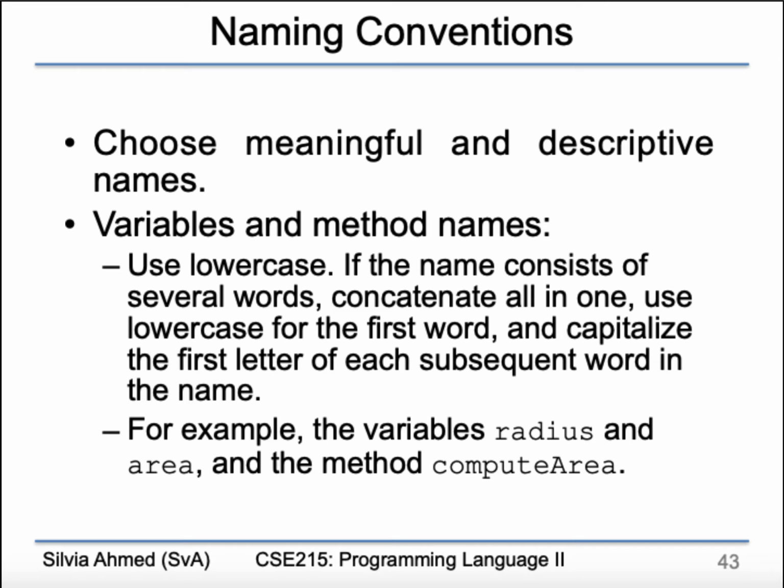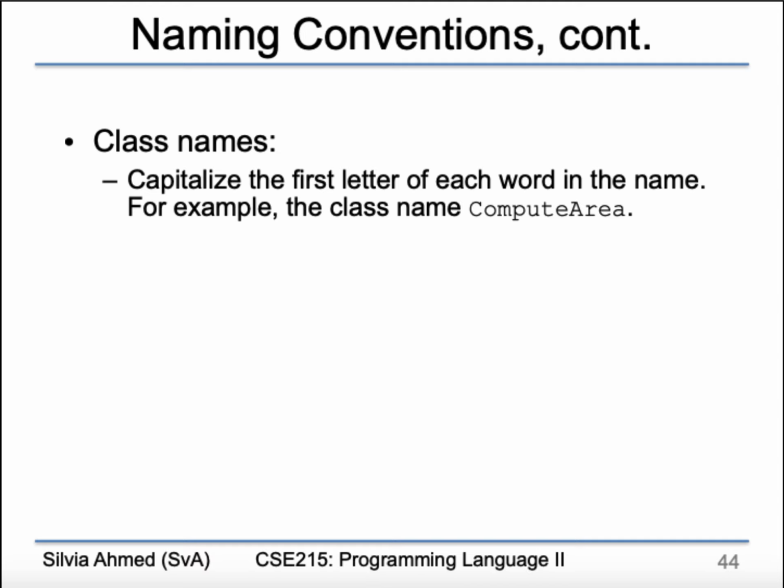Okay, next let's look at the next convention. Let's see the class name. So you should capitalize the first letter of each word in the name. So if your name is computeArea, you definitely must use camel casing, and also the first letter should be a capital letter.